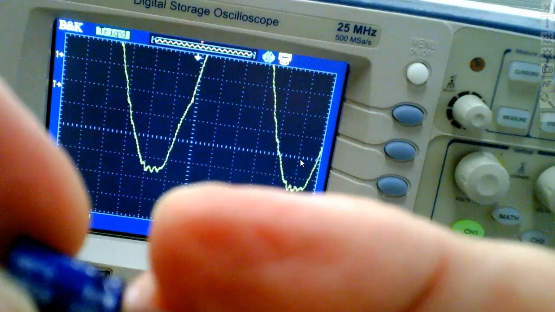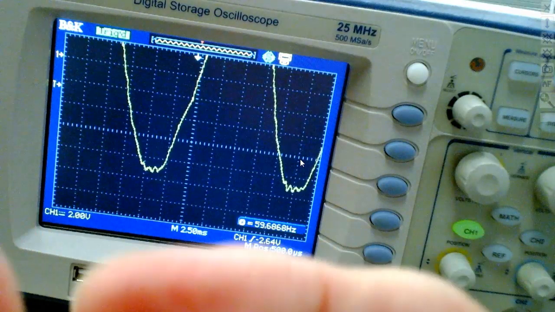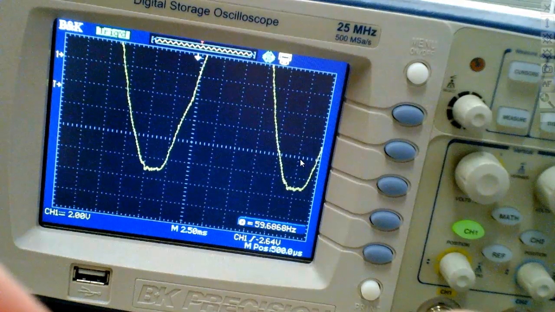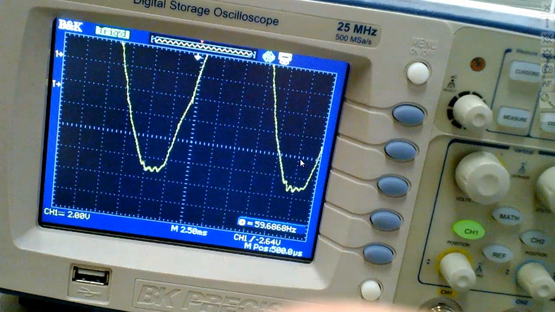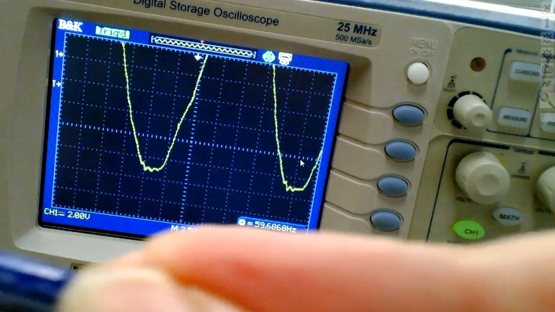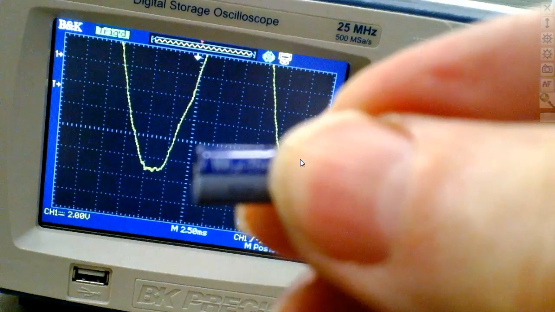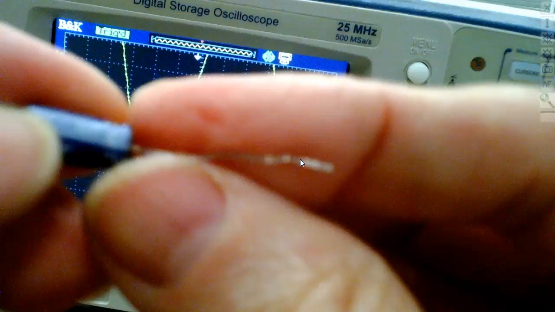I'm going to make sure this has a load, so we're safe. I'm going to make sure I put this in there, right?